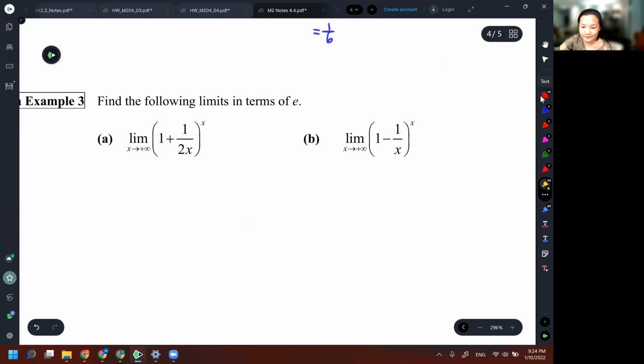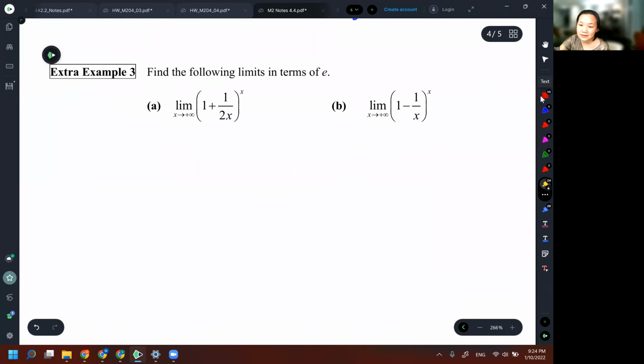Moving on. And the next one is the one that I say, do you remember the previous one, after the definition of e, I gave a few variations of a similar expression, but it's not exactly the same, meaning I maybe changed the sign, maybe changed the coefficient a little bit.